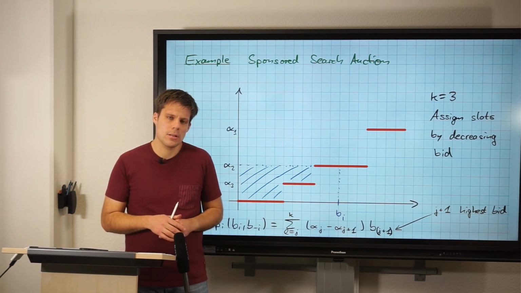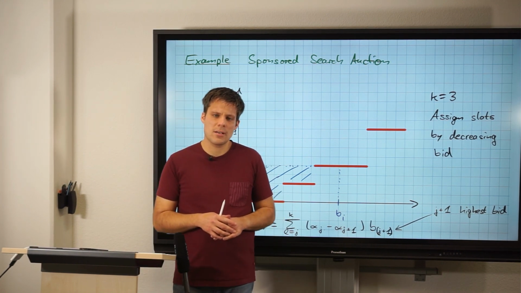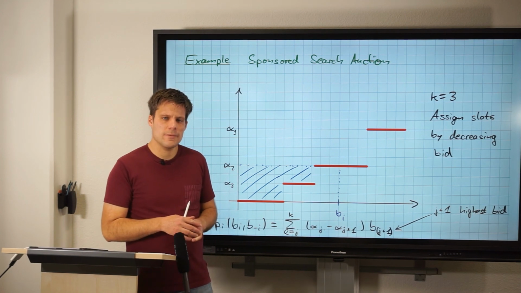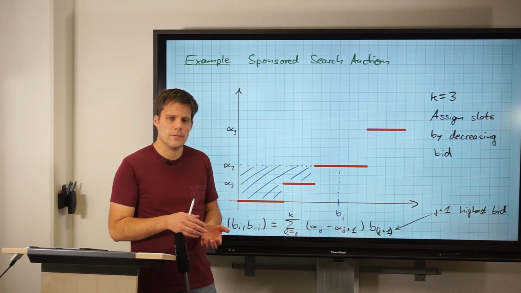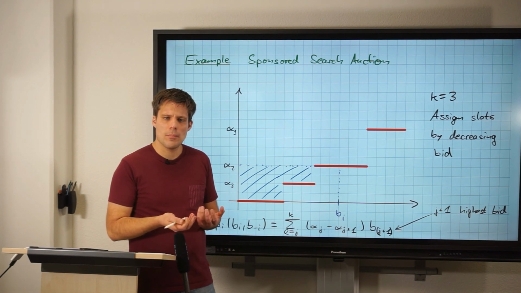Good. So this is concluding our lecture for today. We've seen this characterization of truthfulness for single parameter settings. What we'll still have to discuss is, how can we define such monotone allocation rules which are good in any way?